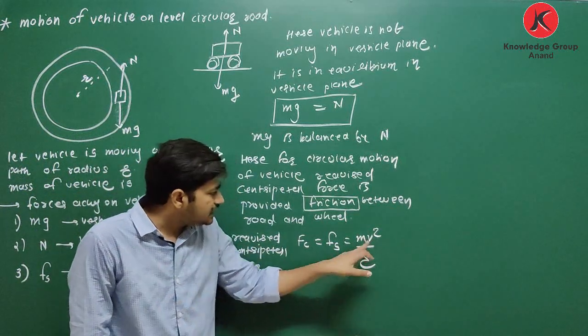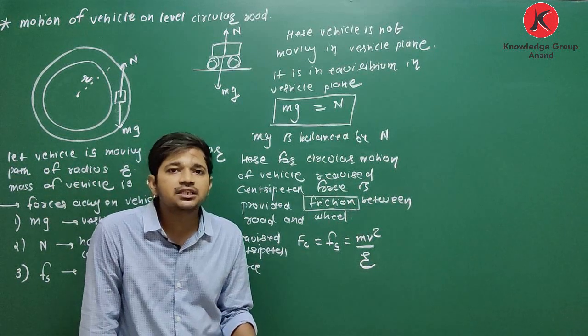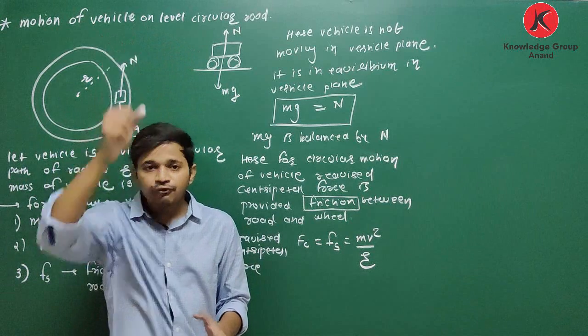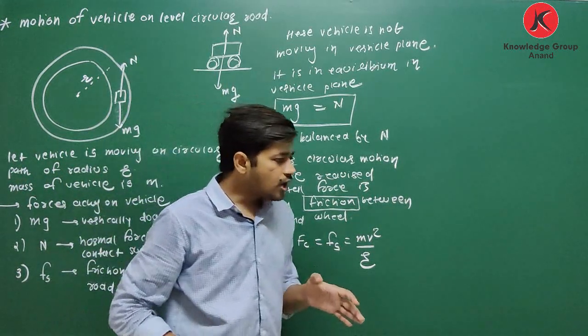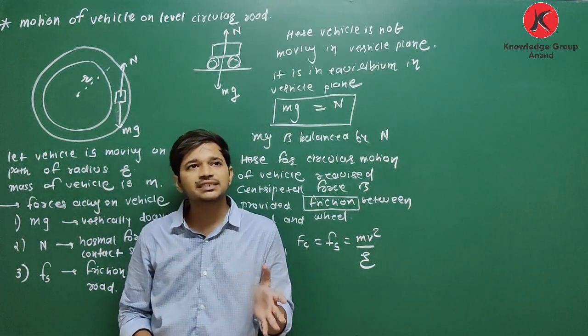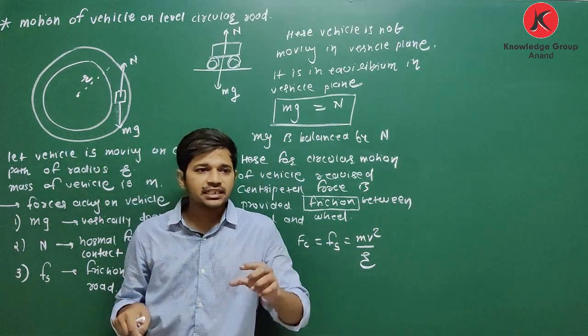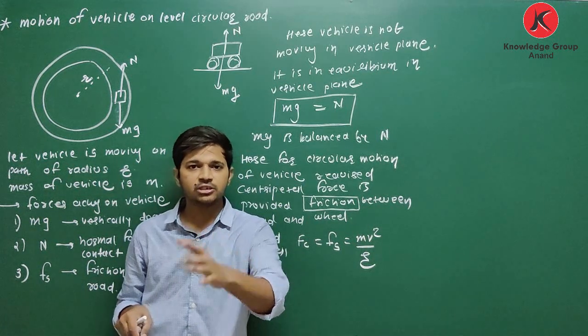Now see, the speed of a vehicle on a circular path depends on the friction coefficient. If you are moving on some circular roads, you have seen signboards: for four-wheelers, speed limit is 60 km per hour.